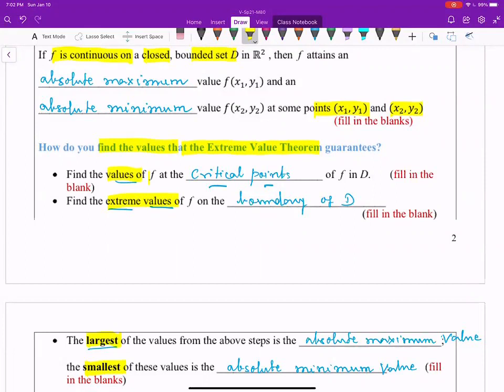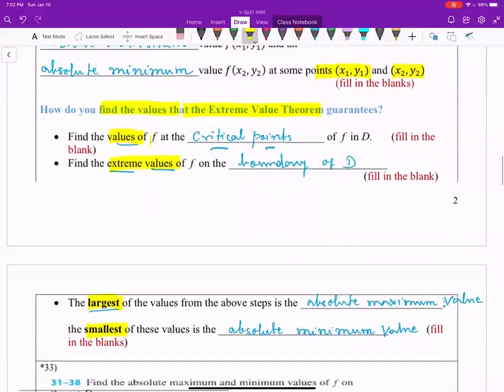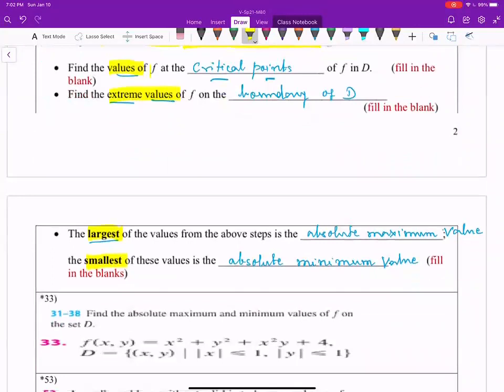So we have to find the boundary, and if, let's say, the boundary is like a square, then you have to find at every side of the square what the extreme values of f are. What is the maximum? What is the minimum on the boundary? Then the largest of the values.